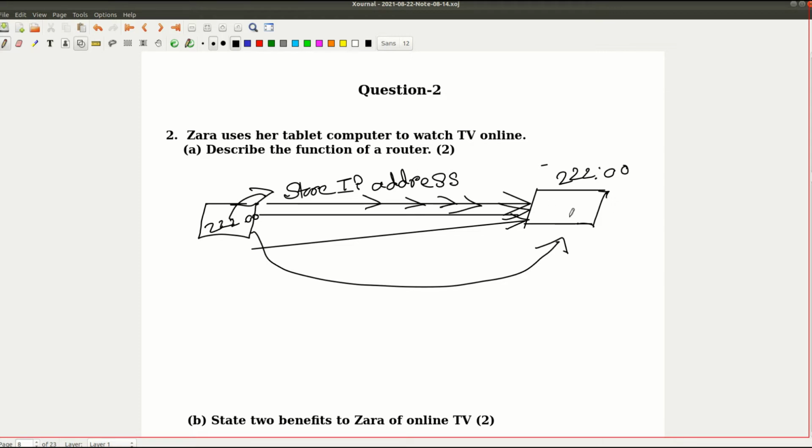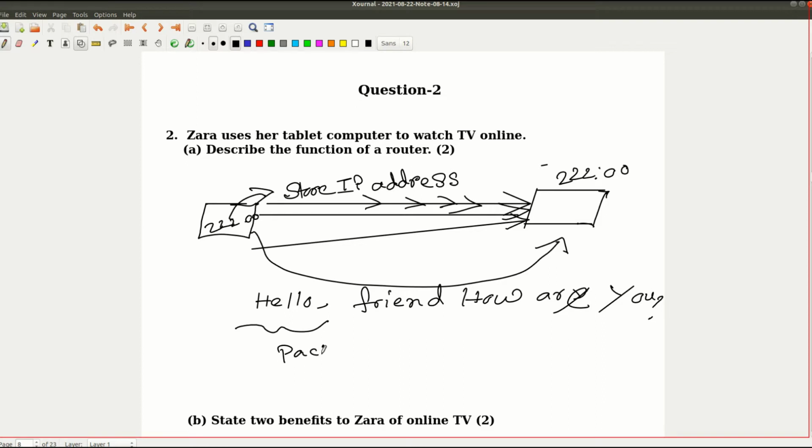Okay, so another thing is when the router is sending your message, if you have a bigger message, like you said "hello friend, how are you", the router will divide this whole thing into packets. This part is one packet, this one is another packet, this one is another packet.